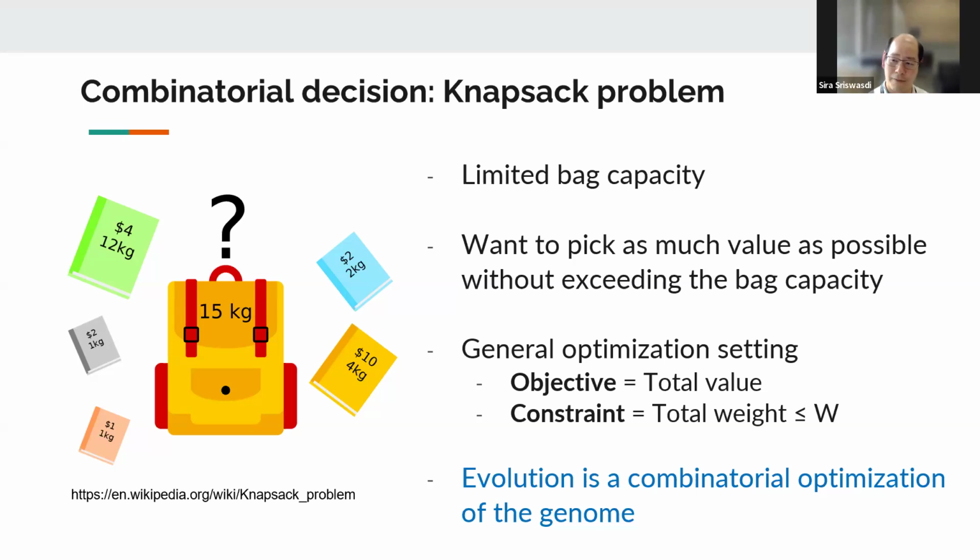This might seem kind of out of biology, but actually if you think about evolution, evolution of an organism is a combinatorial optimization of the genome. When we think about the genes, each gene has a different value. If we insert a certain gene into the genome, it has a certain function, so it adds a certain value to the genome.